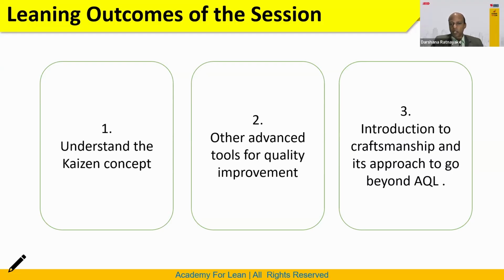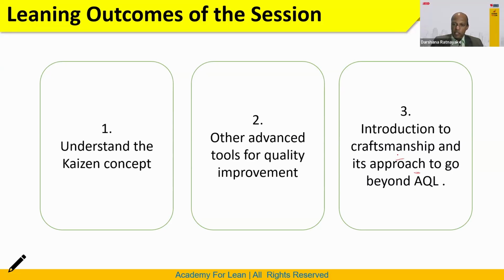Second one, other advanced tools for quality improvement. We learn what other tools are available in the world to improve the quality function. Today we discuss a few, little bit advanced tools. We have discussed many tools, and today we discuss other tools.